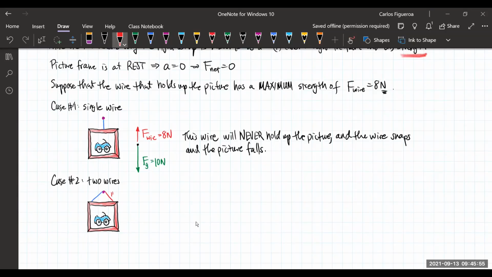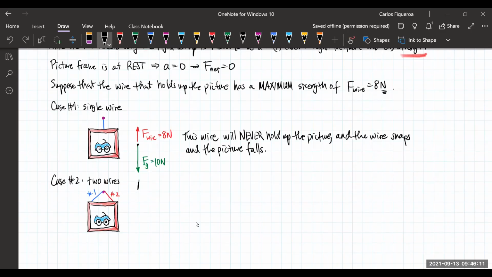And I'm going to call the red one wire number 2, and I'm going to call the blue one wire number 1. So a single wire over a single nail, right?